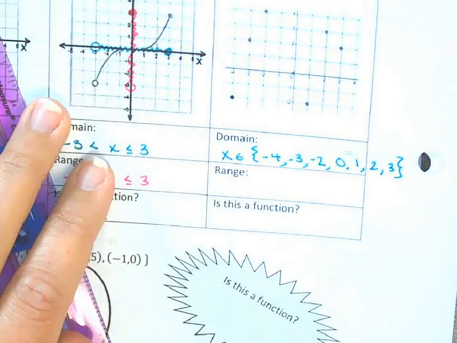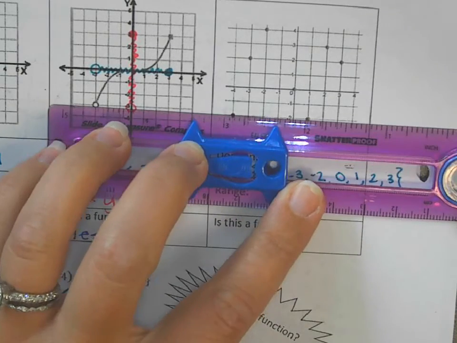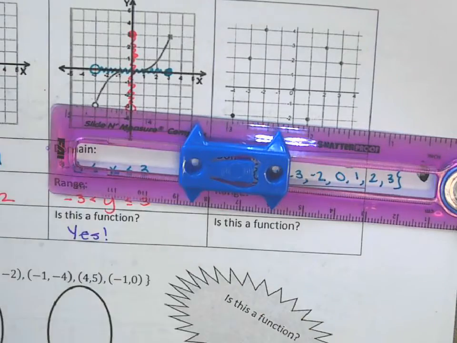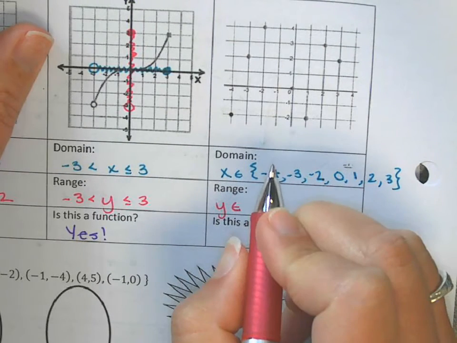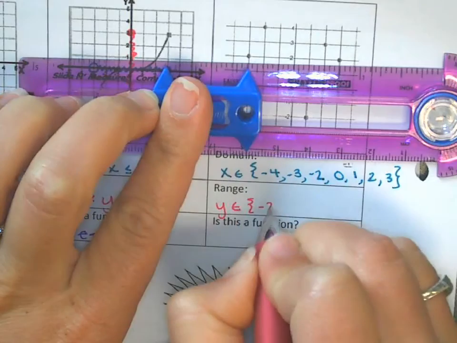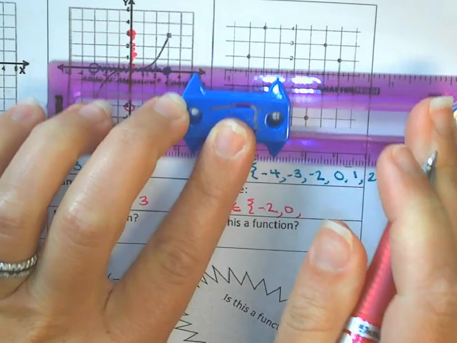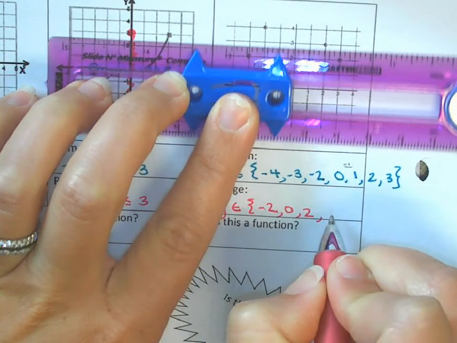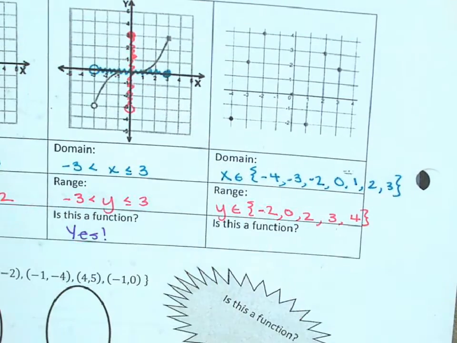So there's your domain. And then you can do the same thing when you're working on the range and just start from the bottom, so the smallest number. -2. Doesn't hit it again till 0. And then 2, 3, 4, and done.